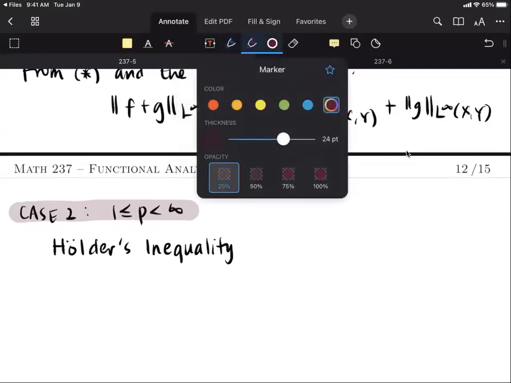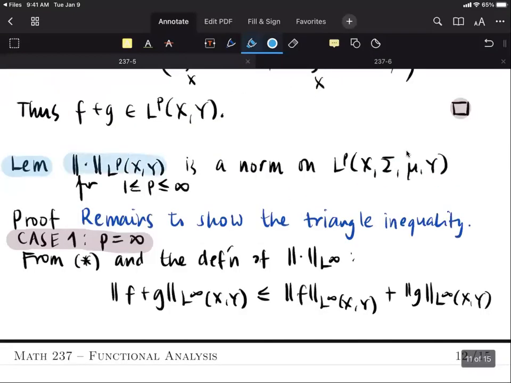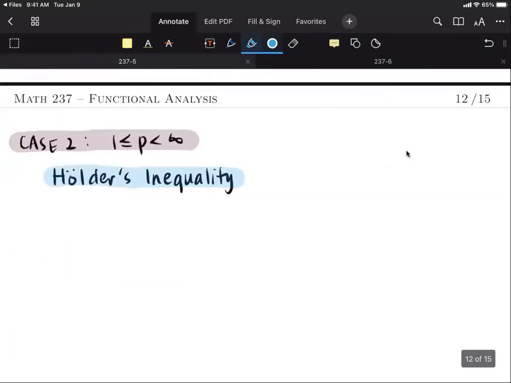Those who are familiar with Lebesgue integration theory know this is what we need to prove the triangle inequality for this function in the case of Lebesgue spaces. So let us state this one.